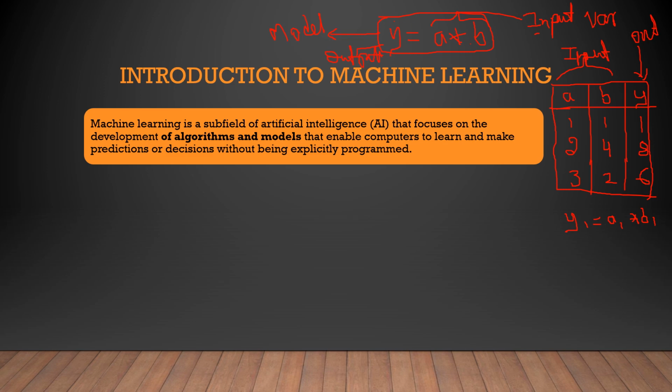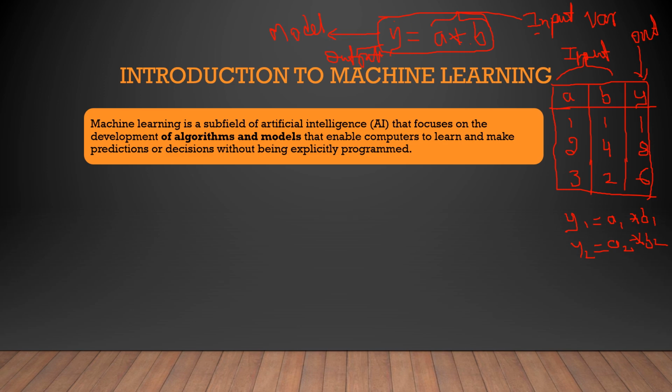Next it will check the next row. It iterates completely throughout the values in order to generate this model. So in the second case, 4 into 2 is 8, I mean a into b. So it is valid. y2 is equal to a2 into b2. Again the same thing with 6.